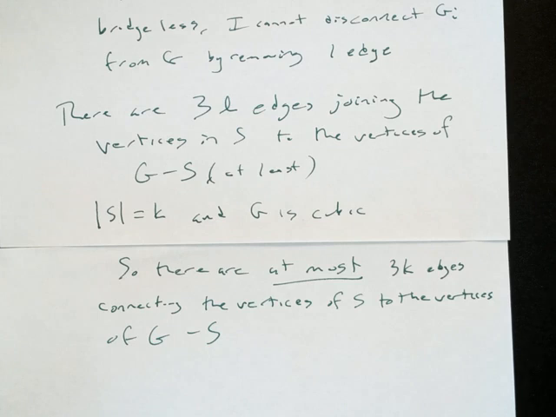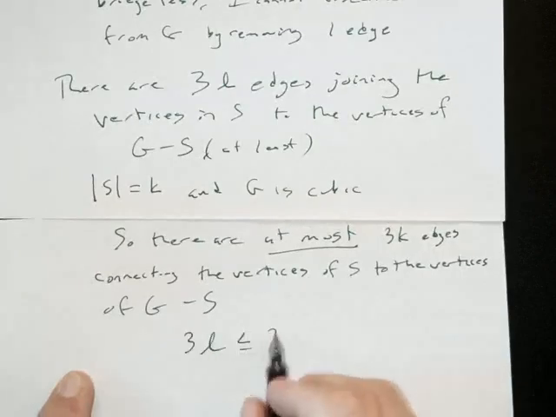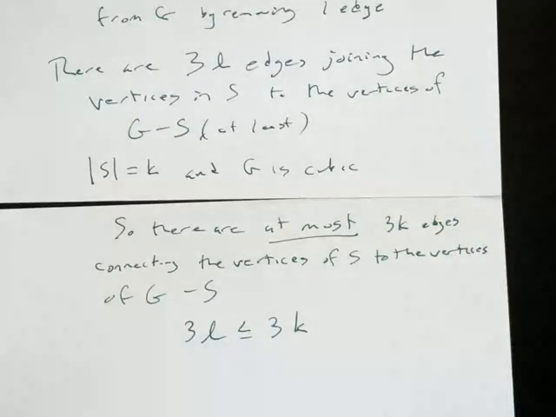Wait a minute. At least 3L, but at most 3k. That means that 3L is smaller than 3k. Well, it could be equal, right? What was L again?